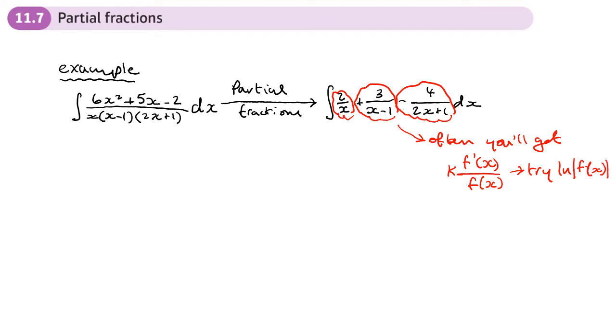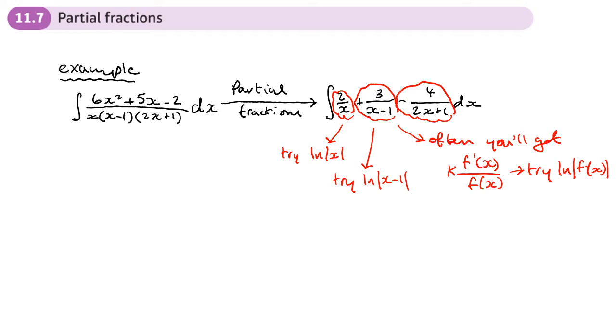So for this term here I would try log x, then see if I need to make an adjustment here. I would try log x minus 1, and so on. So there's an example like that.